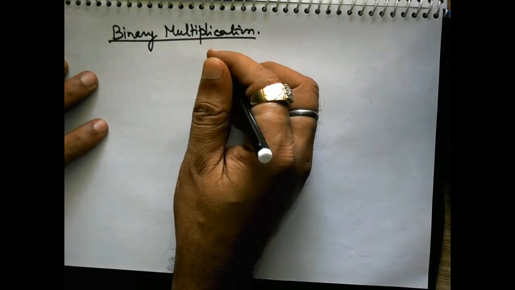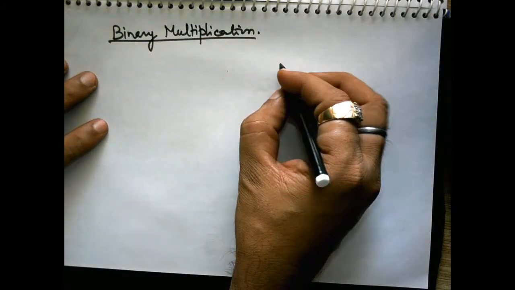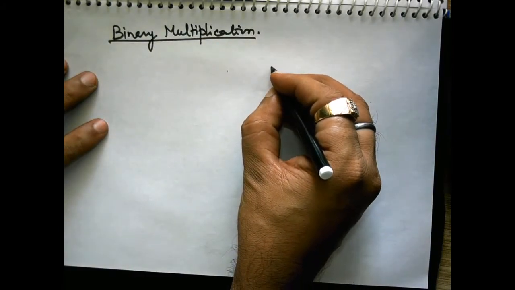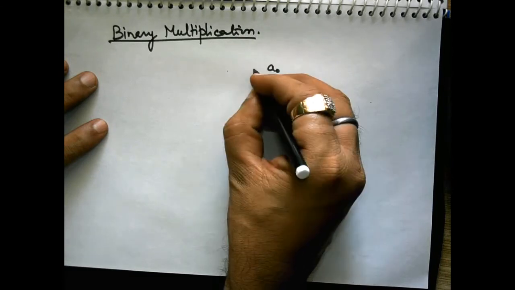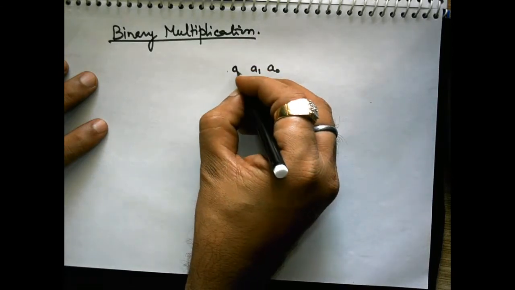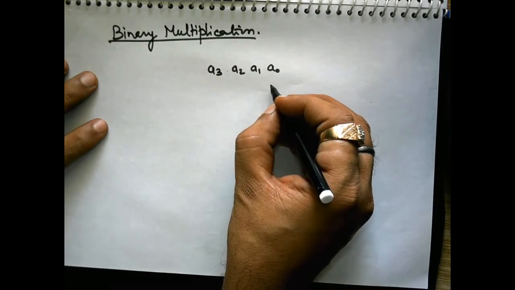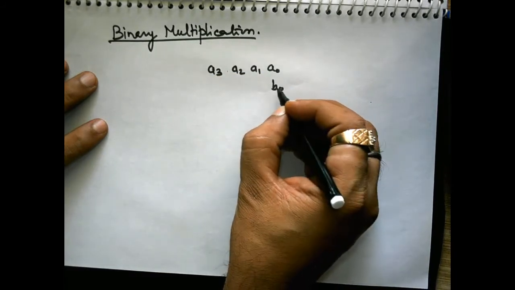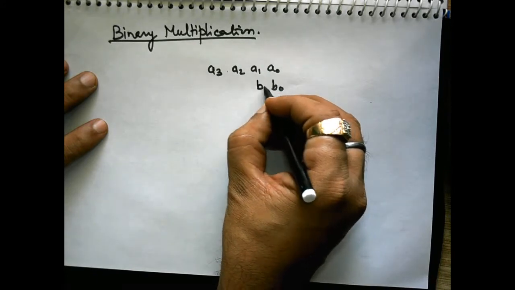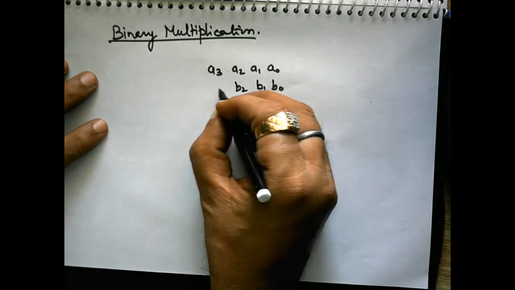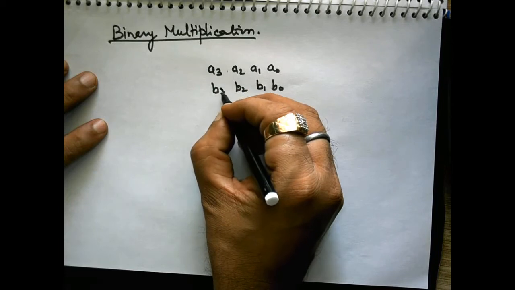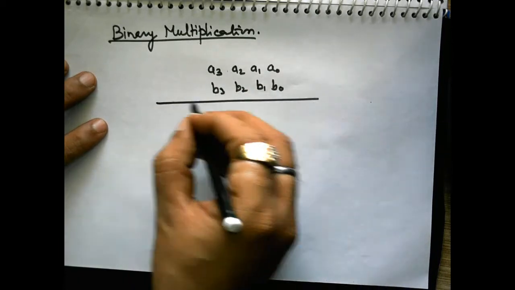You see, if we have two nibbles given in binary, say A0, A1, A2 and A3 is a nibble which has to be multiplied by another binary nibble B0, B1, B2, B3. And what is the flow, what is the way to multiply?